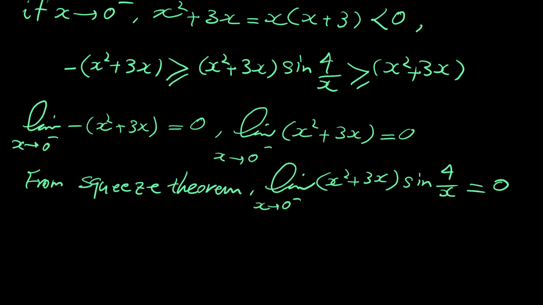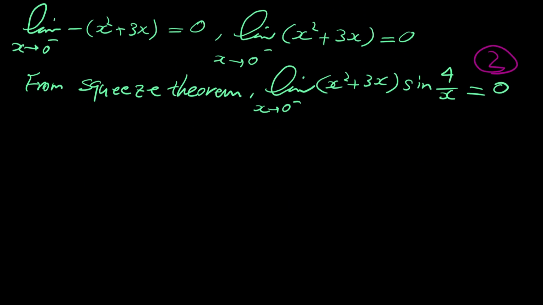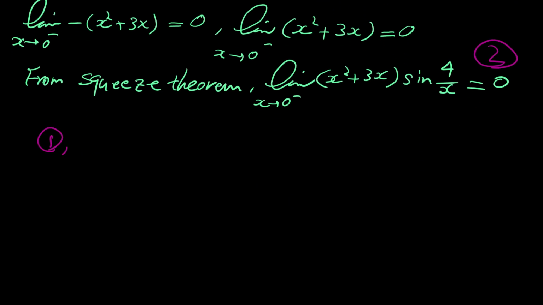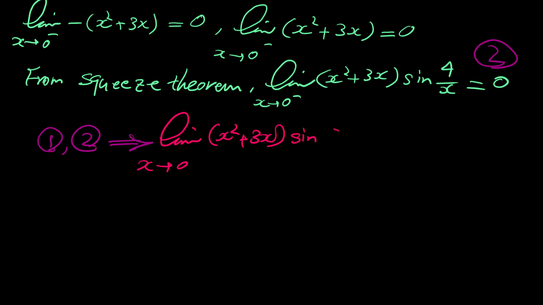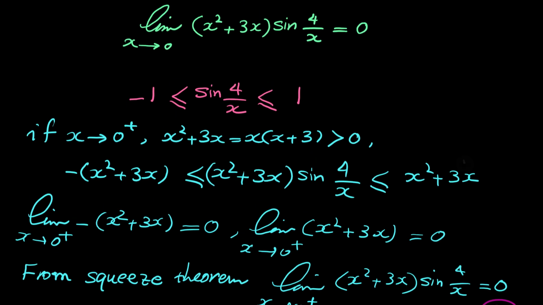So by combining relation 1 and relation 2, we can conclude that the limit as x approaches 0 of (x^2 + 3x) times sine of 4 over x is 0. And this completes the solution of this tricky question.